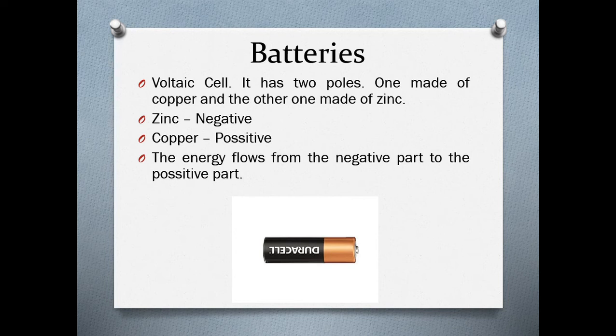Usually the positive part is where the brownish part is specified, and the negative part is where you can find the black part. Okay. So in this case, as we analyze the direction in batteries, whenever we connect anything to the battery, the electricity will start flowing from the black part to the brown part, or from the negative part to the positive part. That's something important to have in mind.